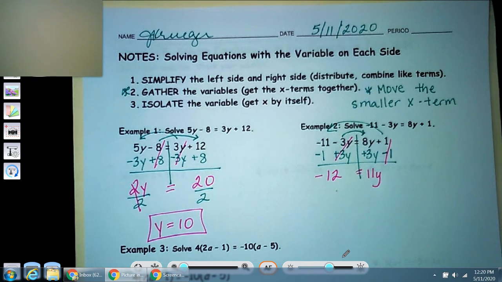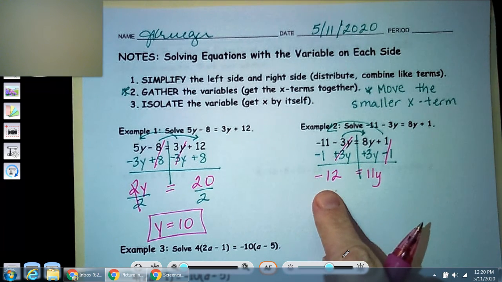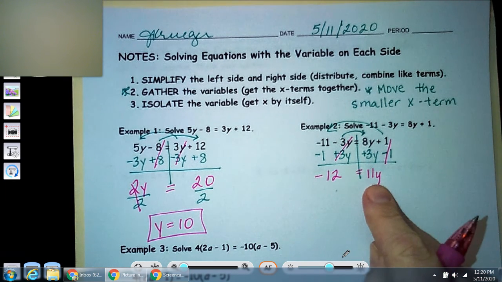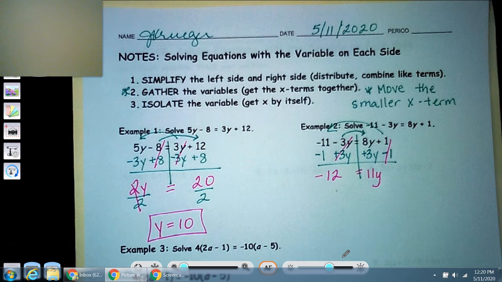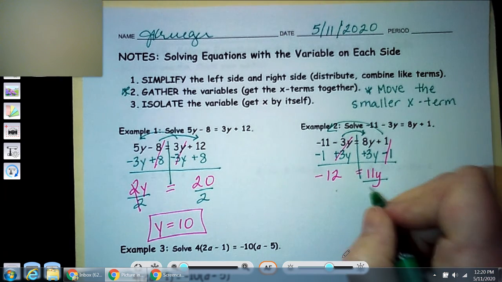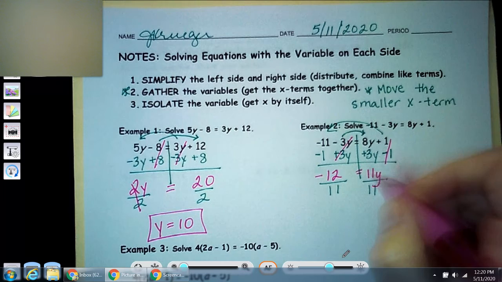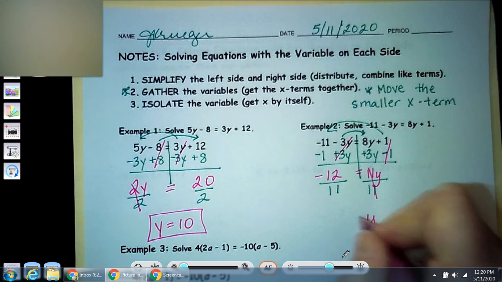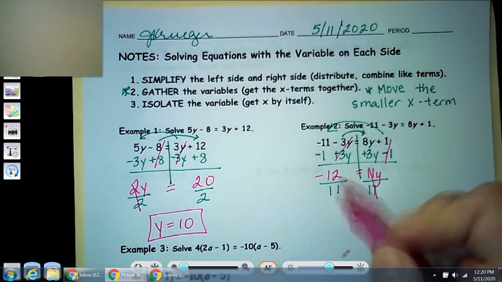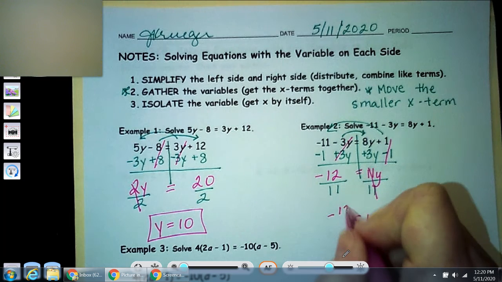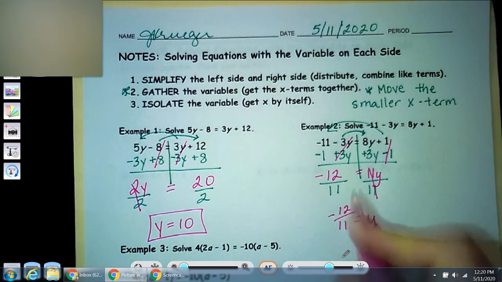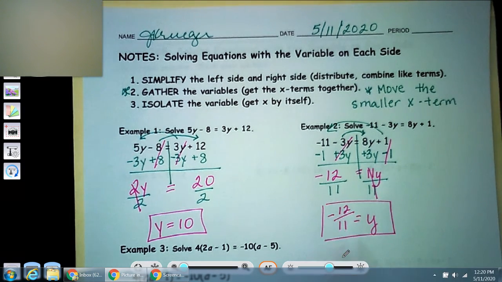So now I have negative 12 equals 11y. I want to get y by itself, so I'm going to divide by 11 and divide by 11. This cancels out, and I end up with y equals, now I'm just going to leave this as a fraction because it's not a very pretty one, negative 12/11.